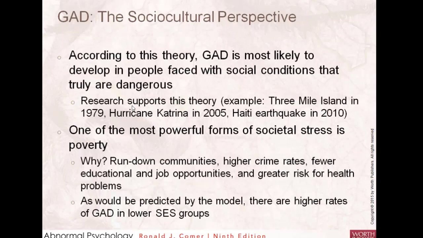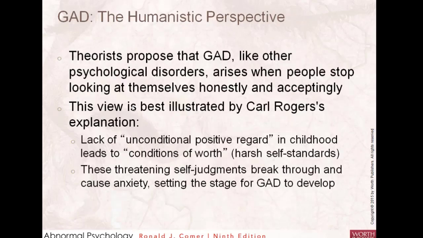Well, I can't randomly assign someone into a poverty situation. So we just have to measure naturally occurring variables. But there does seem to be a pretty strong correlation there. Of course, that is not to say that generalized anxiety disorder is exclusive to people living in poverty. It's not, but it's found there more often than in other socioeconomic status groups.